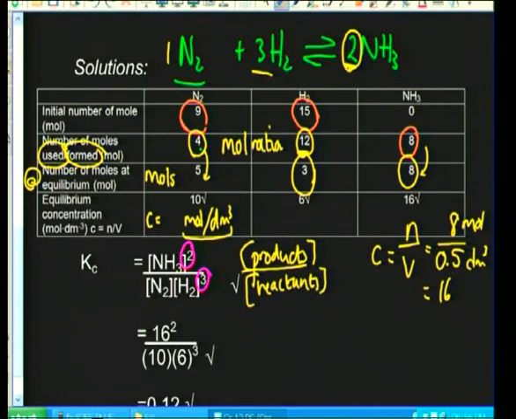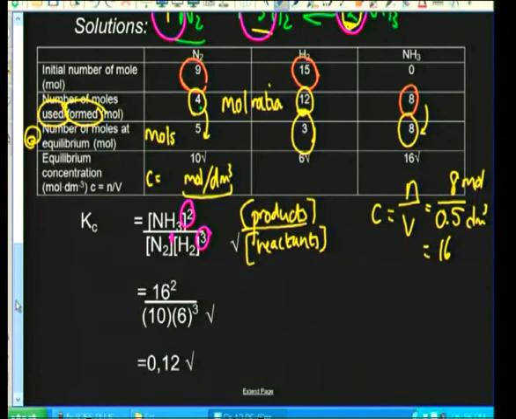Those are coming again from my balanced equation. We have ammonia with its mole ratio. We have nitrogen with a little 1 up at the top there. It doesn't need to be written because anything to the 1 is fine. And the 3 for hydrogen.